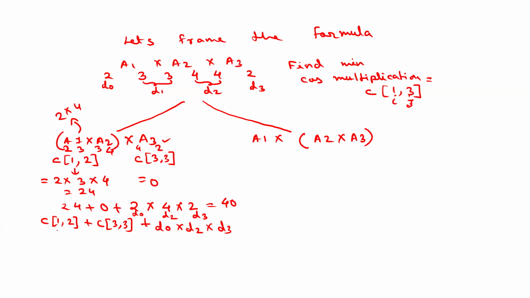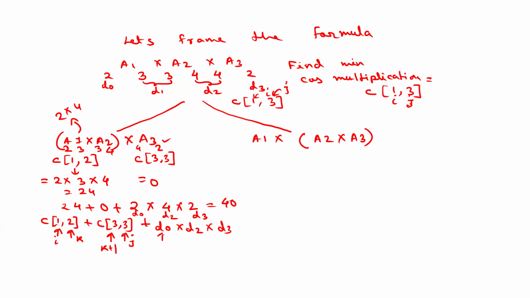So here we calculate C13, where 1 is the I and 3 is the J. So we calculate the Cij. Here 2 is the K, that is the intermediate, and 3 means it is K plus 1.